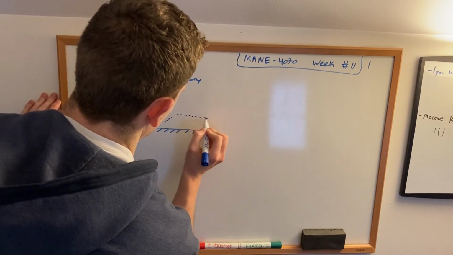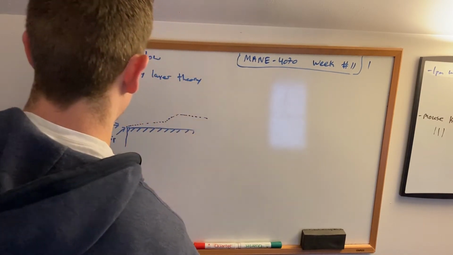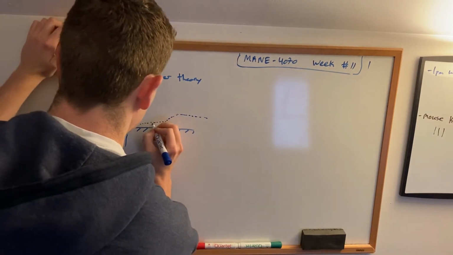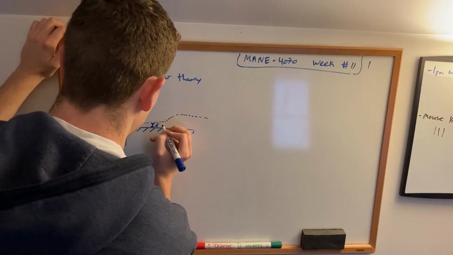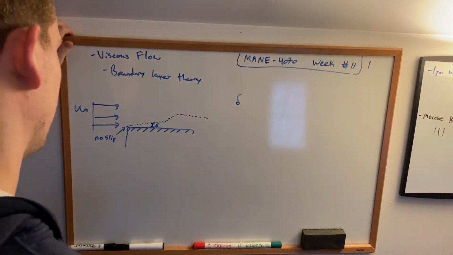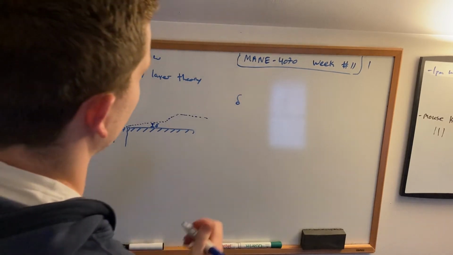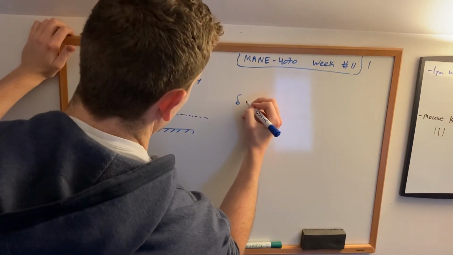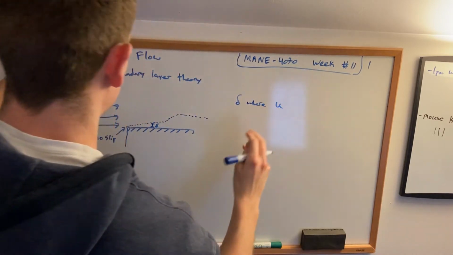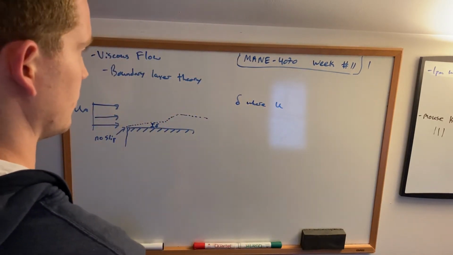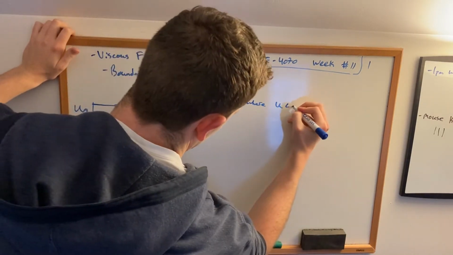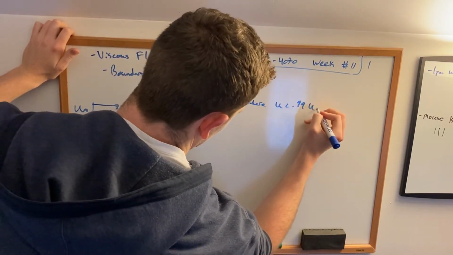So this region is defined as the boundary layer, and it is given the symbol lowercase delta. And it is defined as the region where the local U, U being just the local velocity at that point, is less than 99% of U infinity.